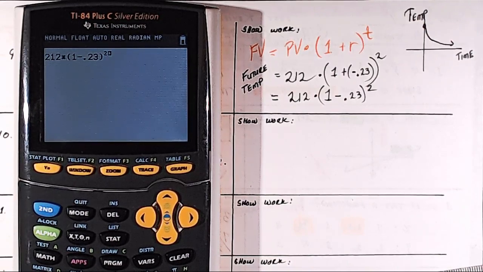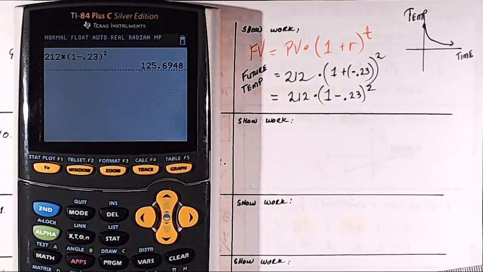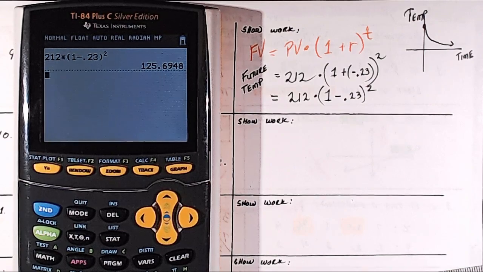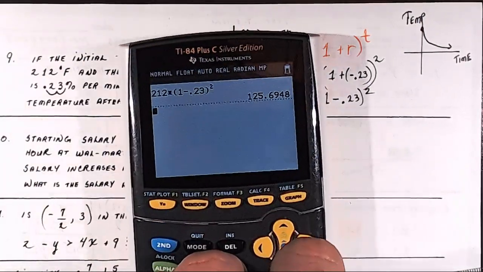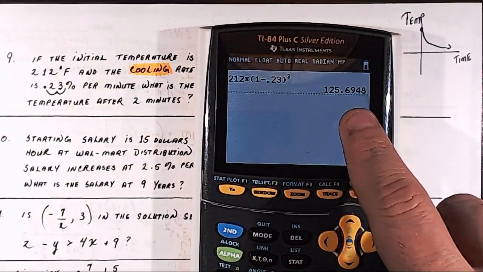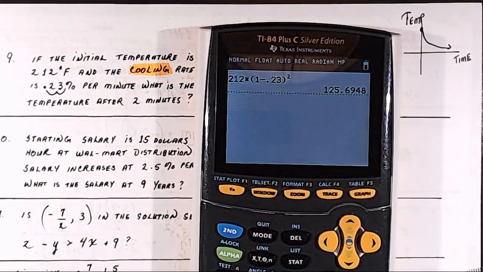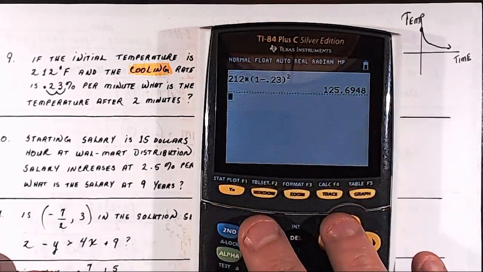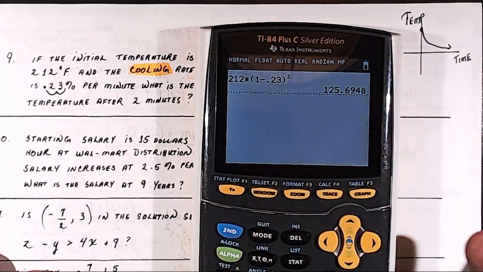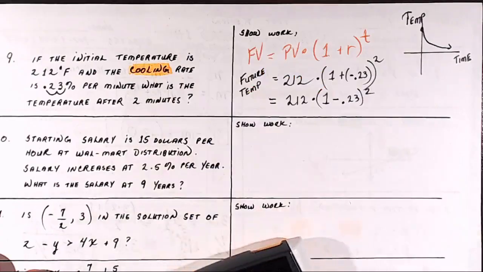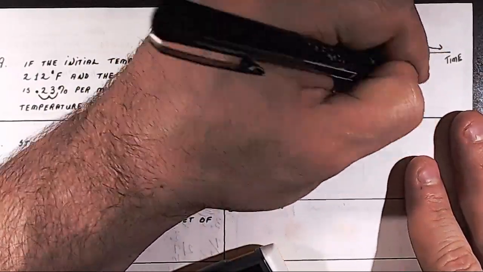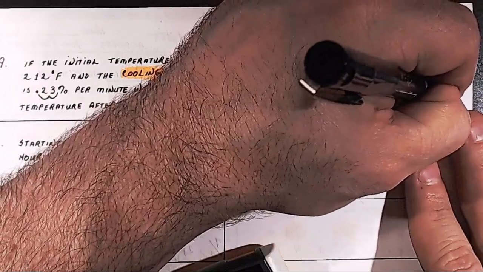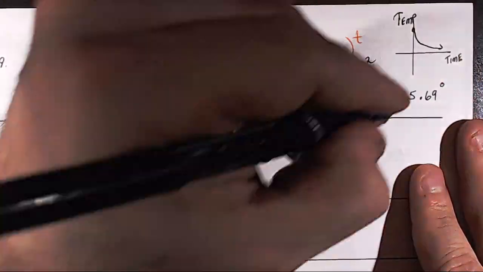Hit enter. 125.69. And because we're talking about temperature, Fahrenheit, it doesn't say, so we'll just round to 2 digits. 125.69 degrees Fahrenheit.